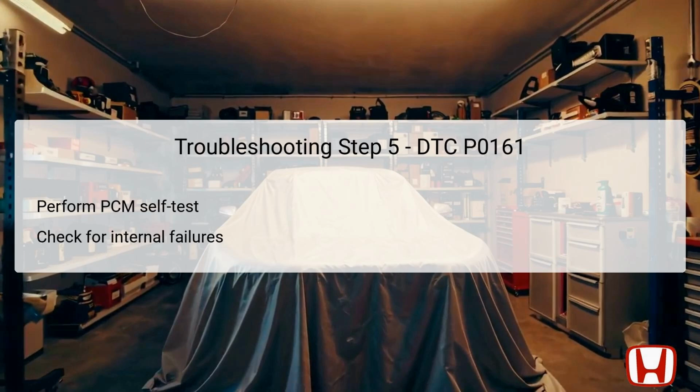If any internal faults are indicated by the PCM during testing, it may necessitate further investigation or even replacement of the unit. Ensuring the PCM operates correctly is key to solving the malfunction and ensuring proper communication with all connected components.